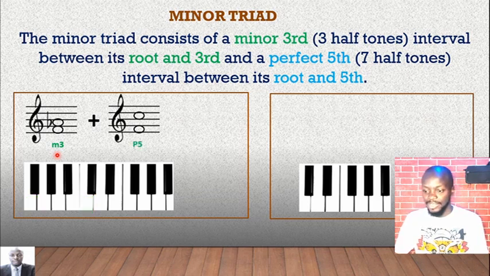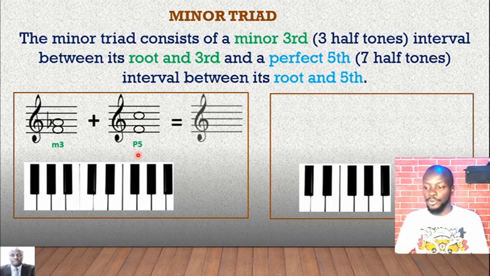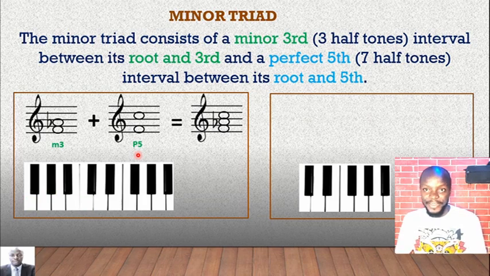When you add these two together, you have F, A flat, and C. That's F minor triad or F minor chord, right?